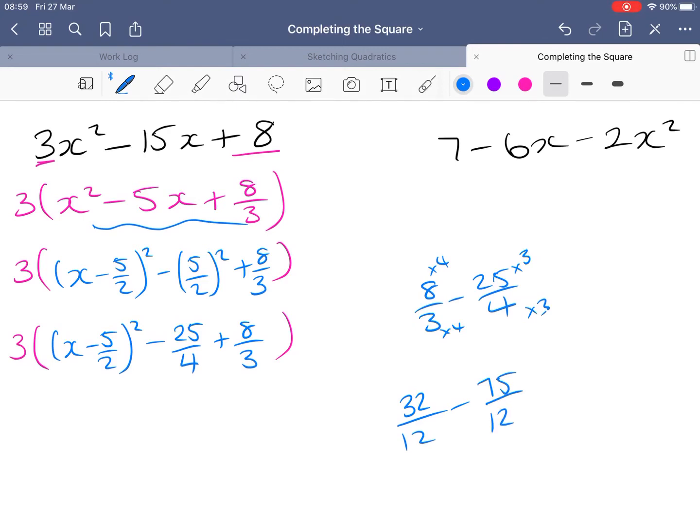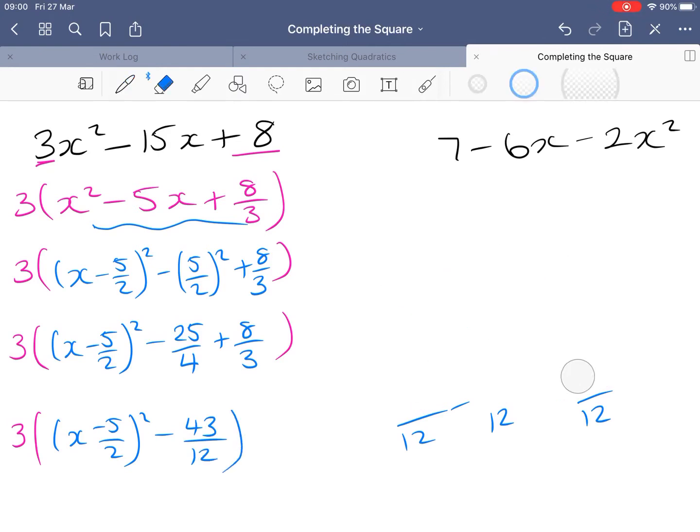So 75 take away 32 is 43, minus 43 over 12, I hope, unless I've made a mistake, and if I have, I apologise. But we've got x minus 5 over 2 all squared, take away 43 over 12. I'm going to get rid of all that now. I'm sure you'll all put it in your calculator.